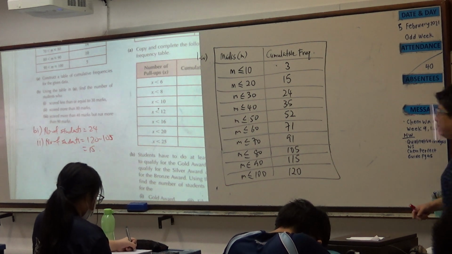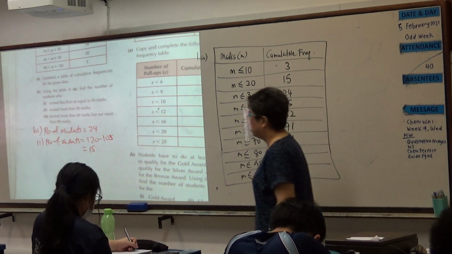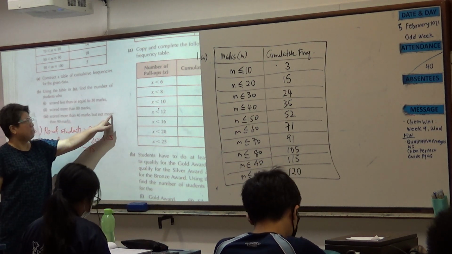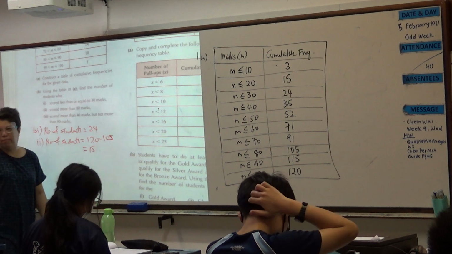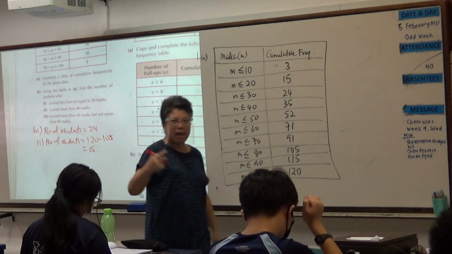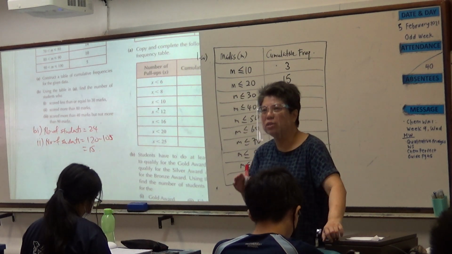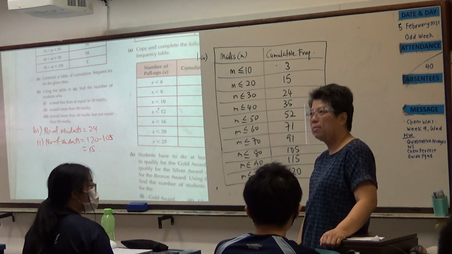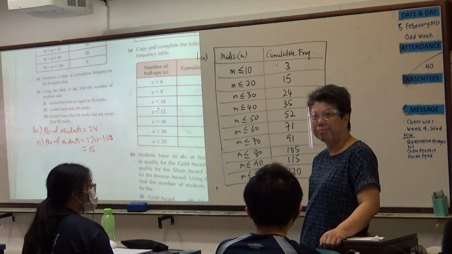Last one. Scored more than 40 but not more than 90. This is something to do with language. Not more than 90. Can it be 90 or not? Can be 90.